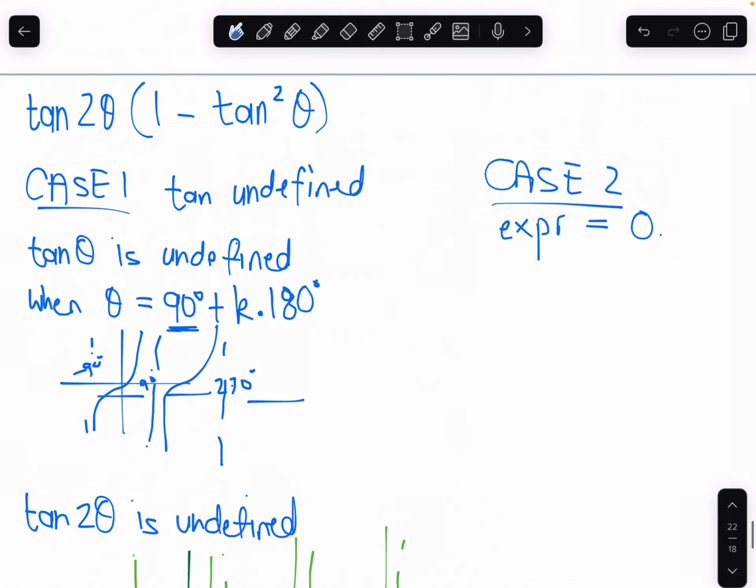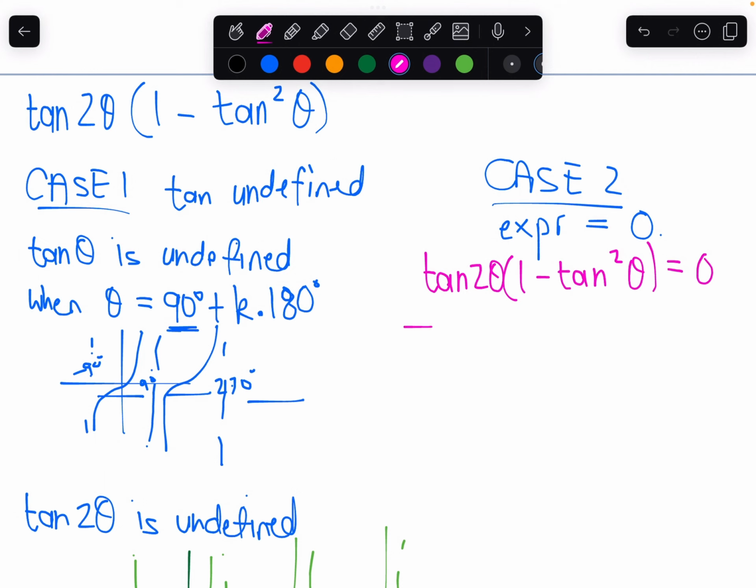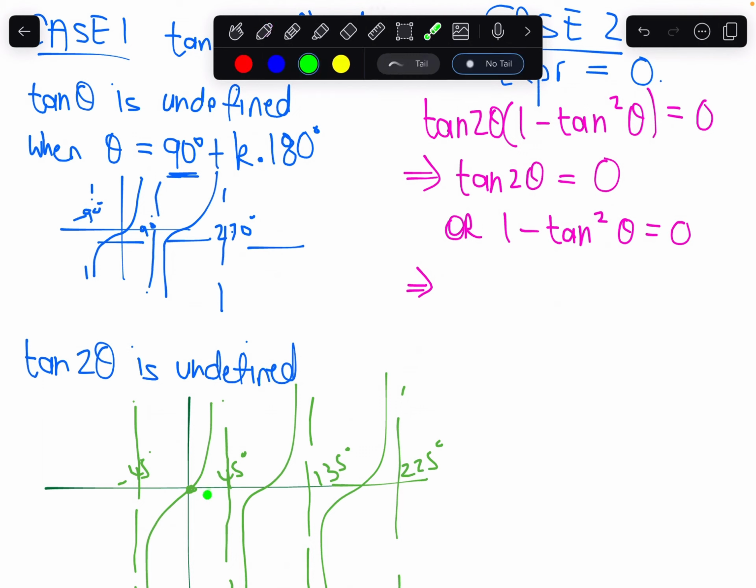Now we're going to look at the case where this expression is equal to 0. So the only way that tan 2 theta times 1 minus tan squared theta is equal to 0 is if either tan 2 theta is equal to 0 or 1 minus tan squared theta is equal to 0. So if we look again at the graph of tan 2 theta, we're looking at the x-intercepts.